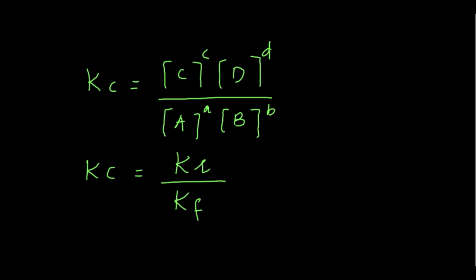The law of mass action can be defined for the general reaction as: the rate of a chemical reaction is directly proportional to the product of the molar concentrations of its reactants raised to the power equal to the number of moles in the balanced chemical equation of the reaction. Right students, I hope the law of mass action is clear to you.